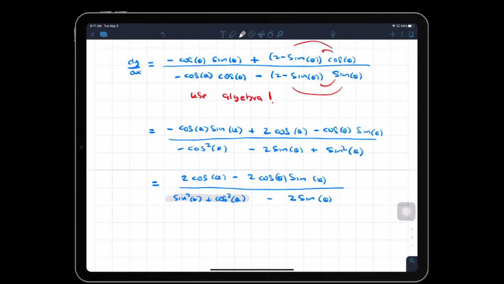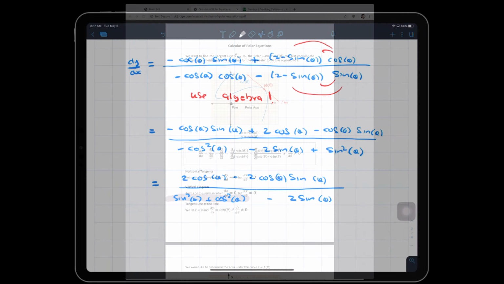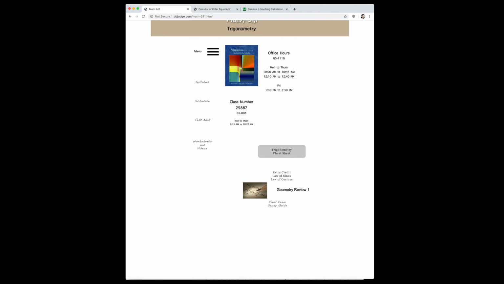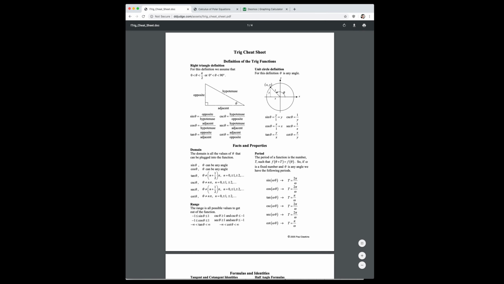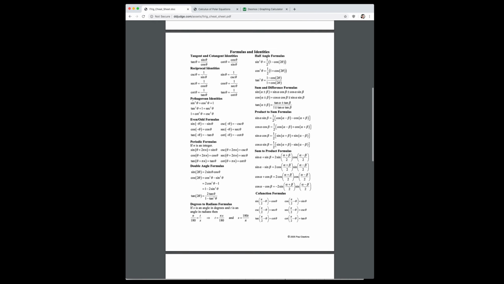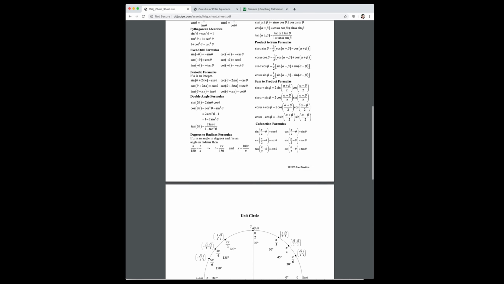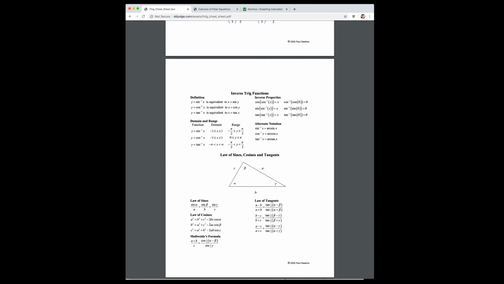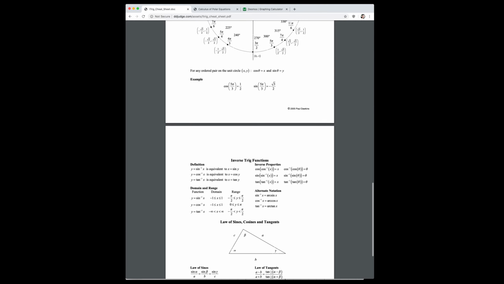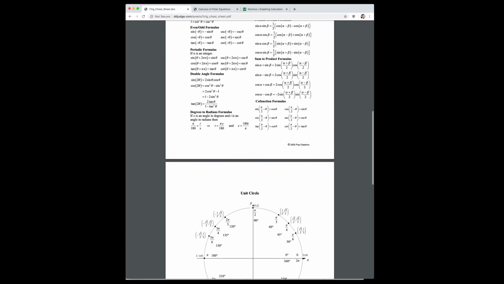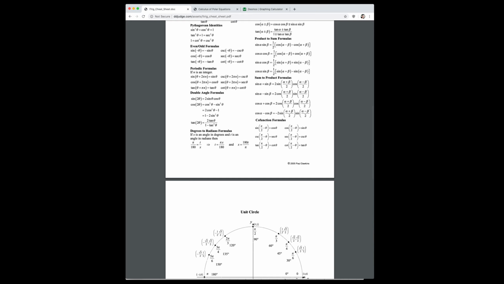So just to remind you, let's go to the browser and say we're in 241. Now in 241, I give them a cheat sheet where you have some identities. So you guys can use your trig sheet identities as well. You could take a look and say, okay, is there a nice identity that I can use? I kind of see one.